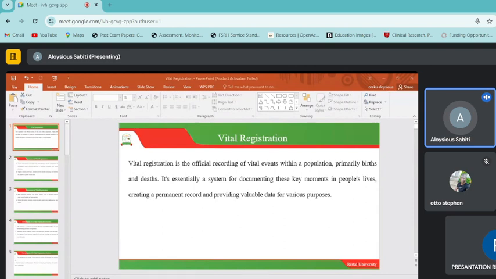But at the smaller level, meaning at a health facility level, you're probably able to understand how deliveries are occurring in your health facility. You can also understand the trend of maternal mortality, the trend of stillbirth, the trend of neonatal death that occur in your health facility, and therefore understand some of the demographics.